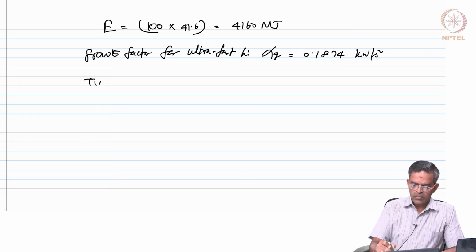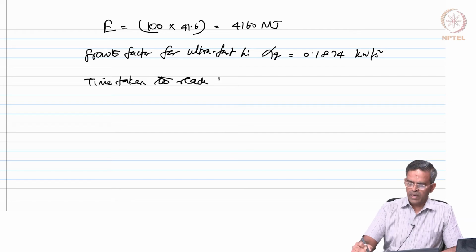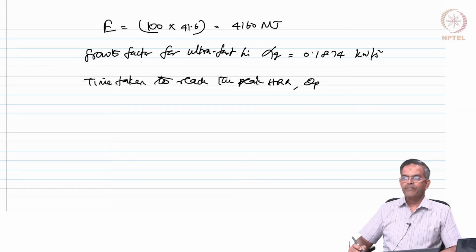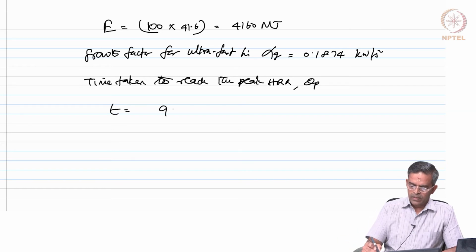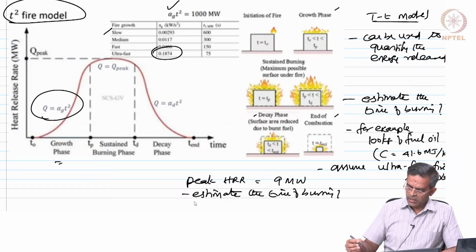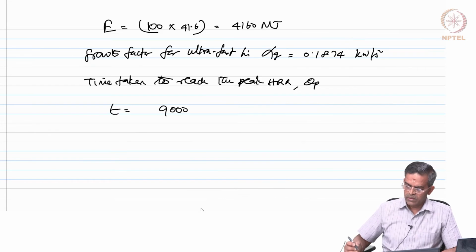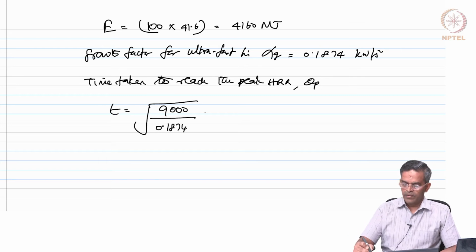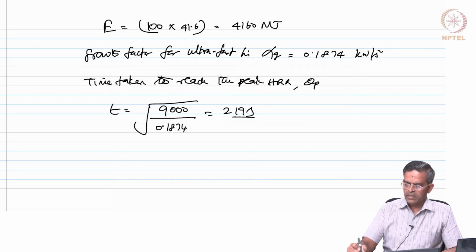Therefore, the time taken to reach the peak HRR, that is Qp, is 9000, because we already said the HRR is about 9 megawatts, divided by root of 0.1874, which will be 219 seconds.